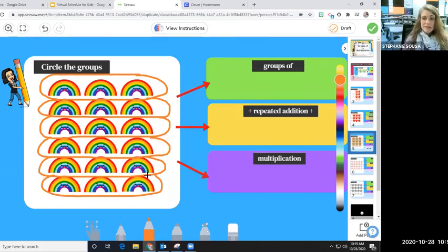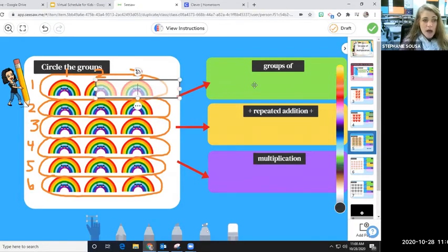If there is a sixth group, that means I have 6 groups. I can prove that by counting 1, 2, 3, 4, 5, 6 groups. There are 3 rainbows in each group. 1, 2, 3. That tells me that I have 6 groups of 3.